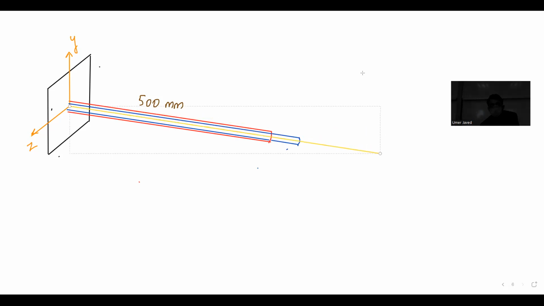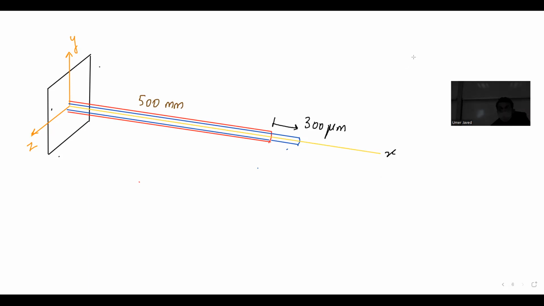This is our X. The question says that this deflection is 300 micron. So 300 micron is very little. And the load that is being applied is 12 kilonewton. Load applied is 12 kilonewton.